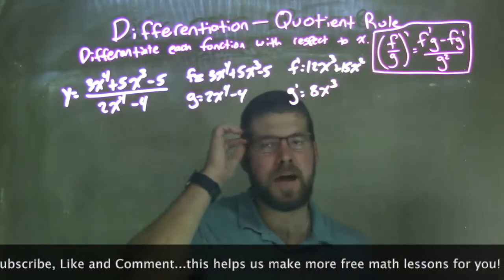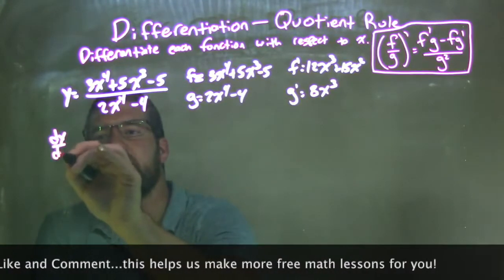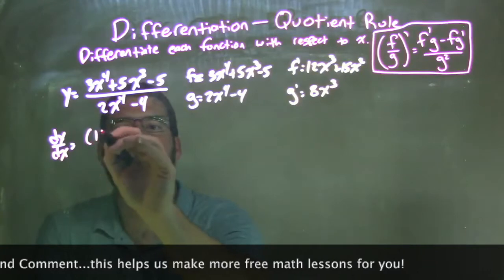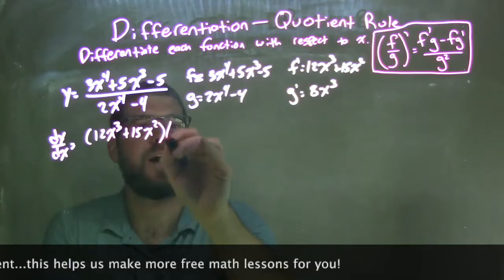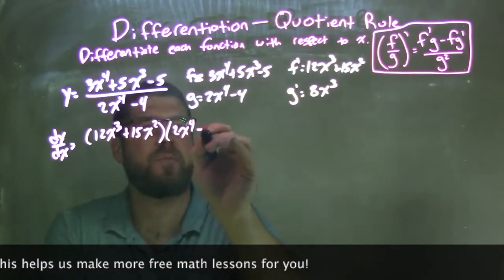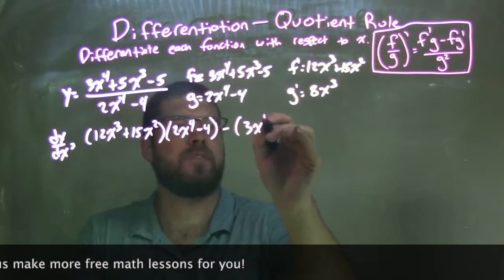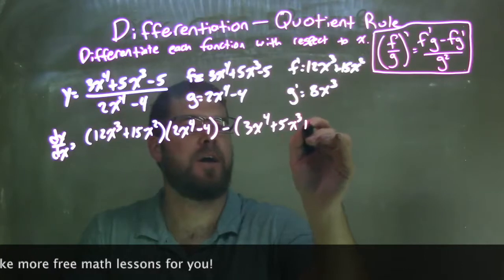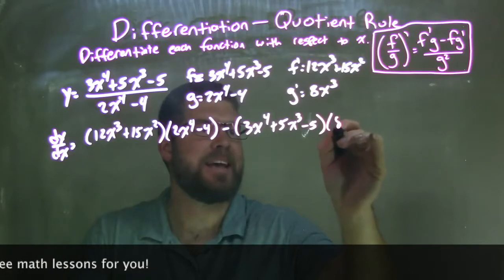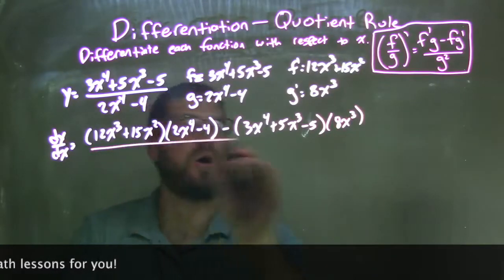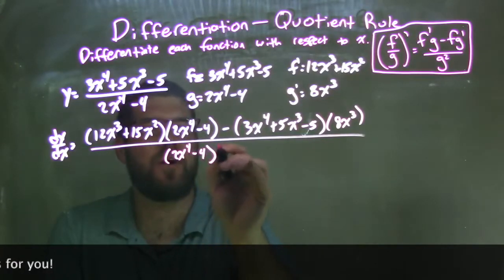Okay. So now let's go apply our quotient rule. So we have dy dx here. First I need to put f prime, which is 12x to the 3rd plus 15x squared, times g, which is 2x to the 4th minus 4, minus f, which was 3x to the 4th plus 5x to the 3rd minus 5, times g prime, which is 8x to the 3rd, all over g squared, 2x to the 4th minus 4 all squared.